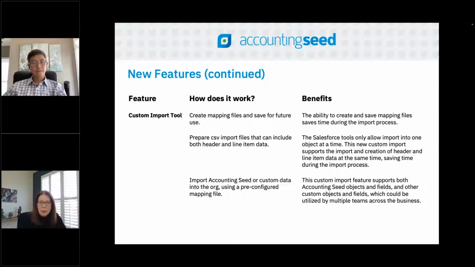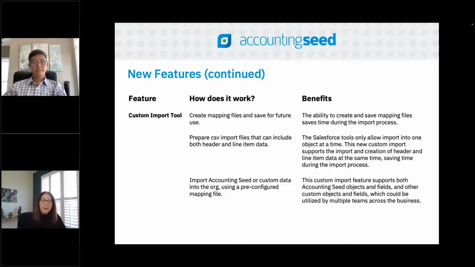Using this new import tool, you can import both header and line item data at the same time. You'll start by creating what we call import templates. So you go to your app launcher, you start typing import template, and you'll find that object, and you can begin creating those pre-configured mapping files.